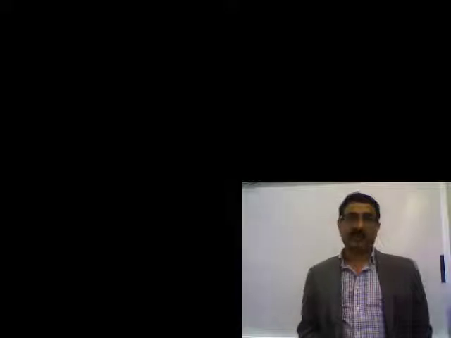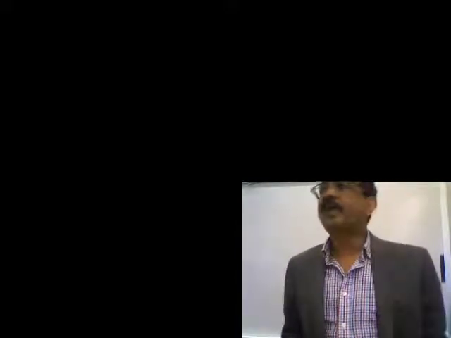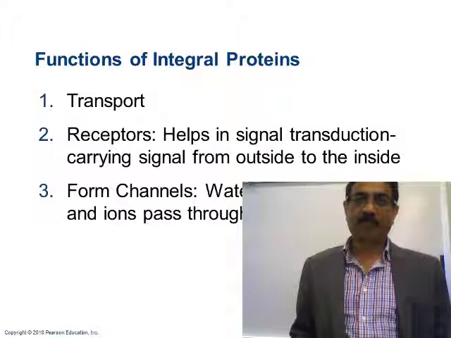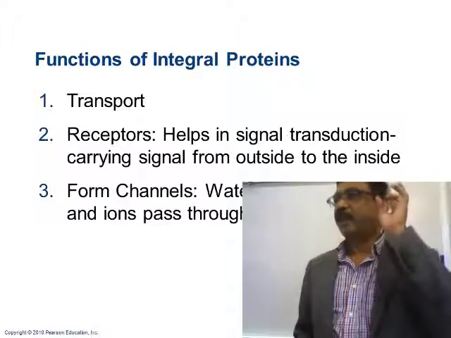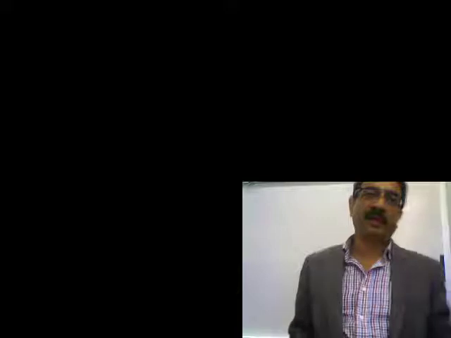So integral proteins help in transport. Some integral proteins act as enzymes, and some integral proteins act as receptors. So transport, acting as enzymes, and acting as receptors. Those are the main functions of the integral proteins. We will see how they perform those functions.